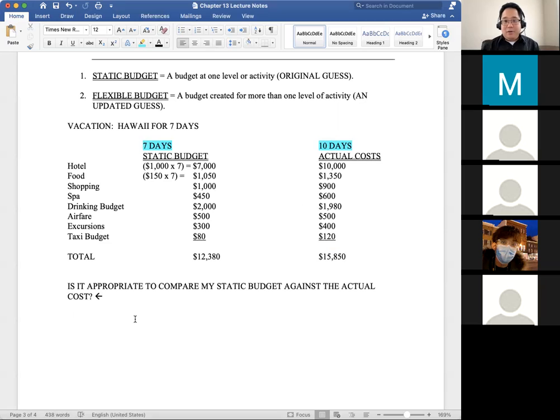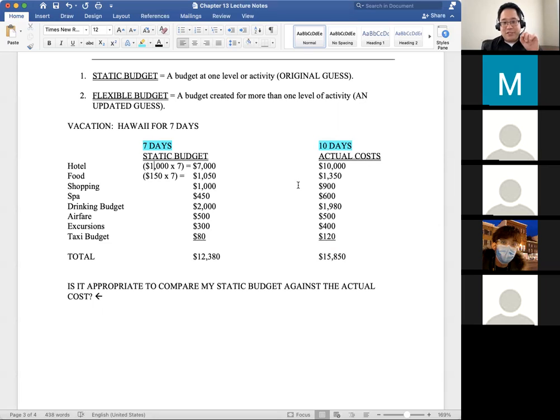But better would be to take this budget and update it and say, okay, well, what would the budget be if I stayed for 10 days, and compare against how much the actual cost is for 10 days. That's fair, right? In other words, this budget is not really that good because it's for 7 days.